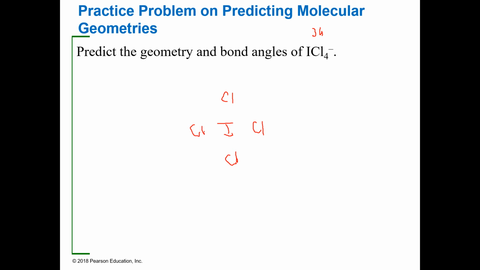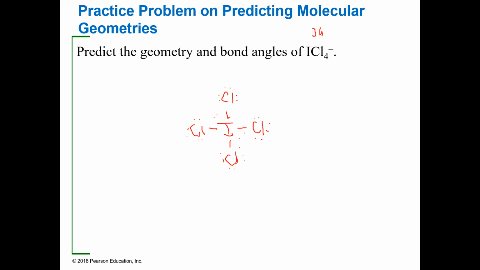All right, let's go ahead and fill the octets. All right, I have filled them. I have 8 times 4 is 32. So I have how many left? 4. So I'm going to put that as 2 pairs on my iodine.